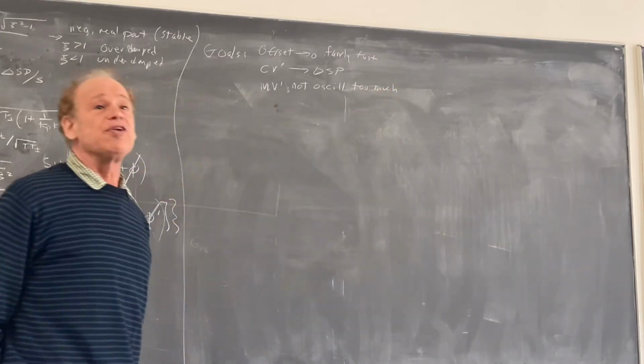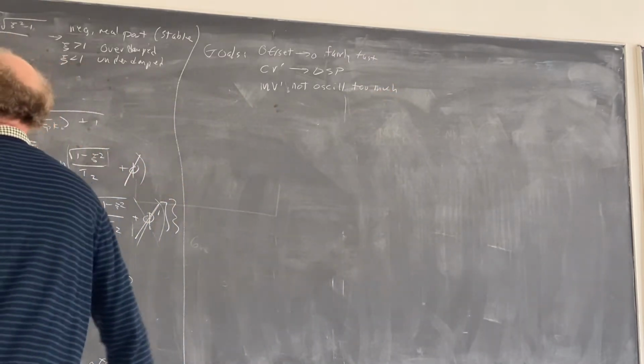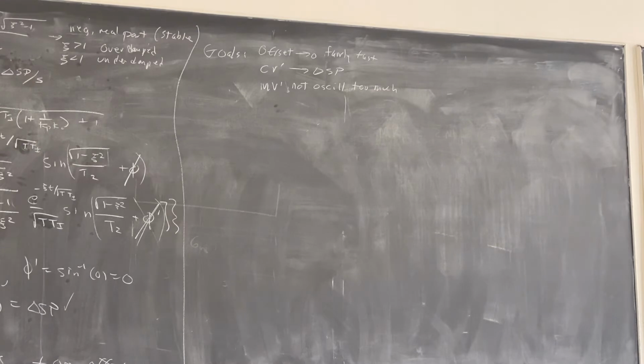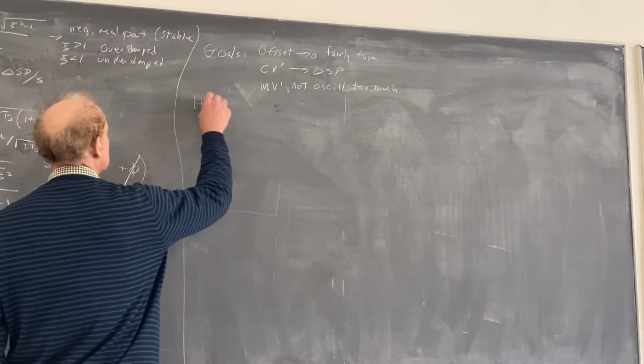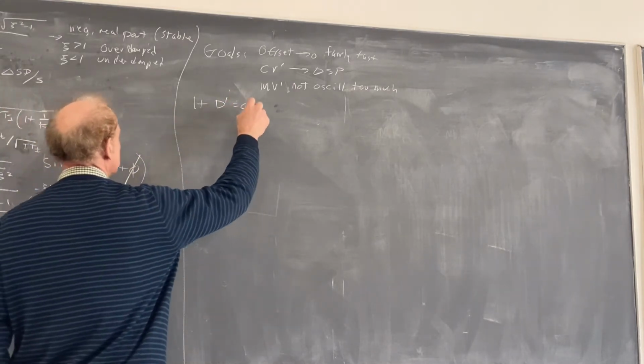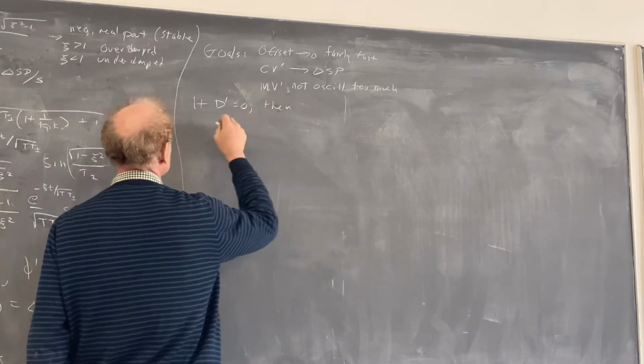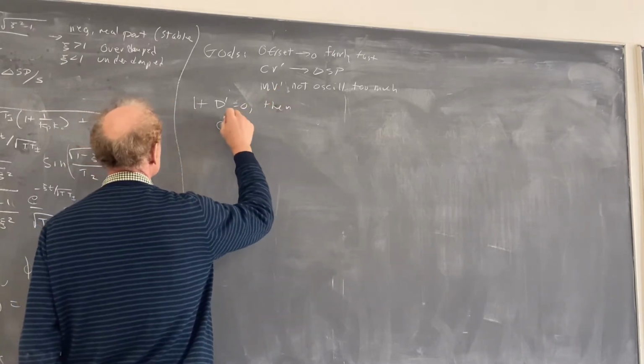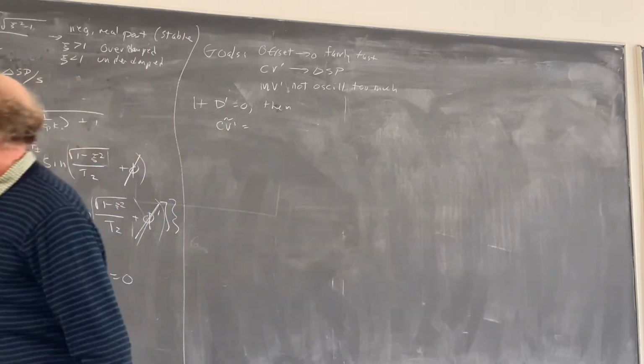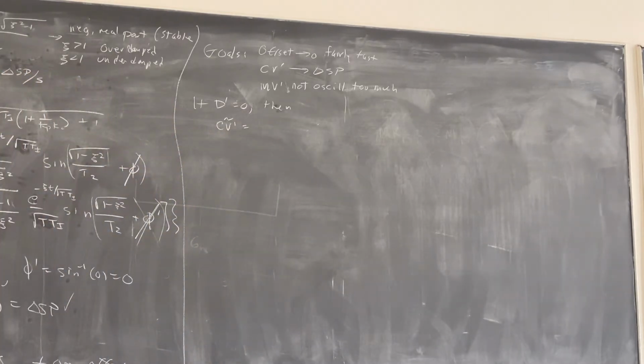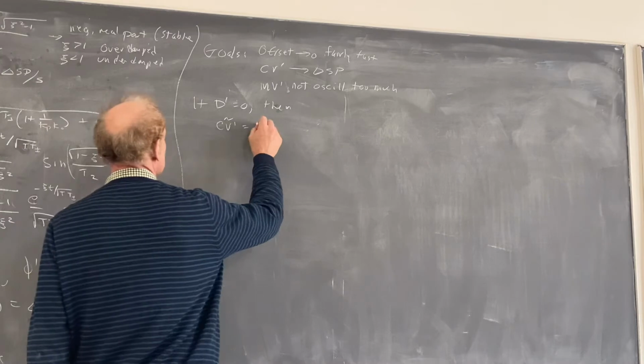So let's look at MV prime. And let's notice that CV prime, if there's no D, so if D prime is 0, so no disturbance, then CV prime tilde is equal to GP, GV, MV prime.